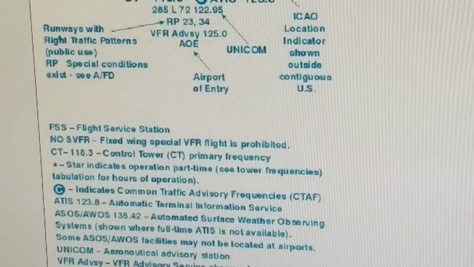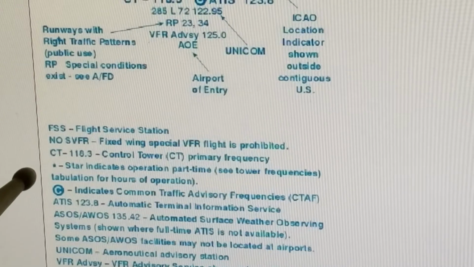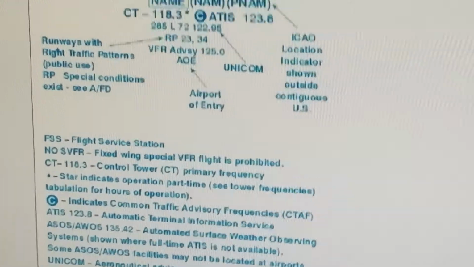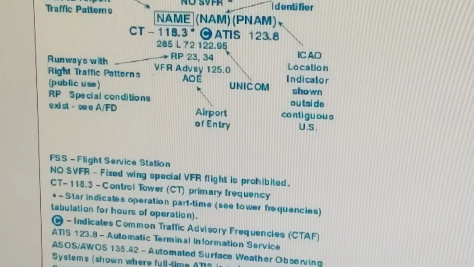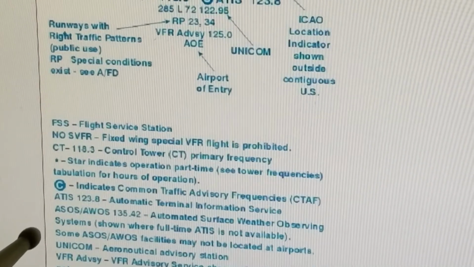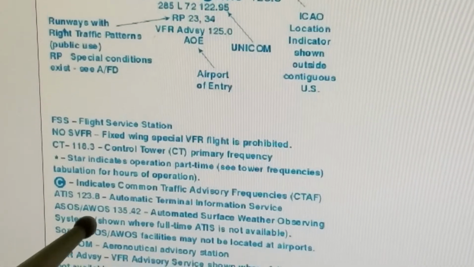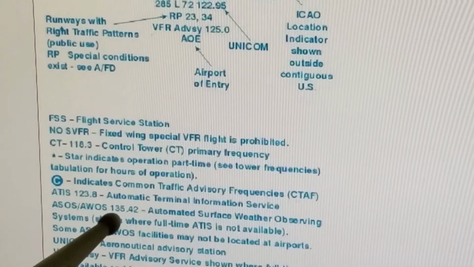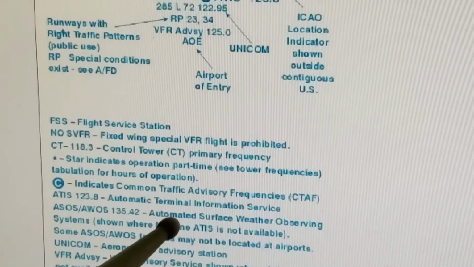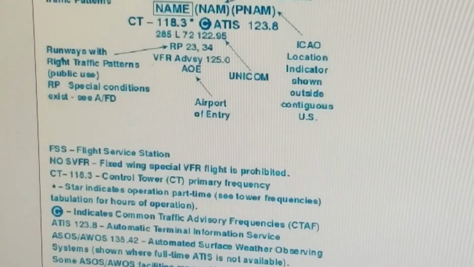So all these on the legend you should be familiar with, and also I will show you the bigger chart, but you see here ASOS and AWOS frequency 135.42. It's automated surface weather observing.